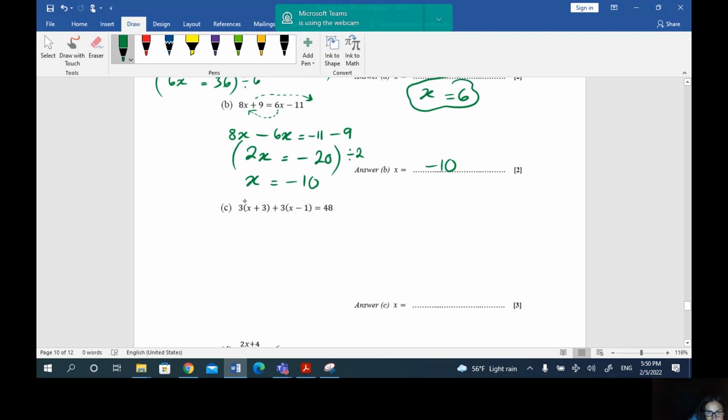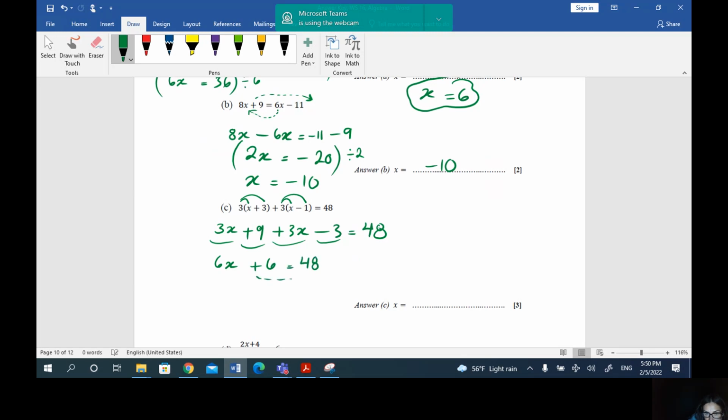Here we are going to expand, so 3 times x and then 3 times 3, and here 3 times x and then 3 times negative 1. 3 times x is 3x, 3 times 3 is plus 9, 3 times x is plus 3x, 3 times negative 1 is negative 3 is equal to 48. 3x and 3x are like terms, so it will be 6x plus 9 minus 3, so 9 minus 3 is plus 6 is equal to 48.